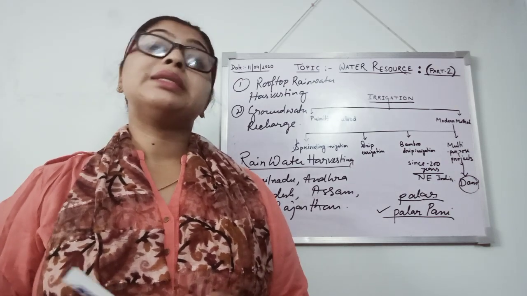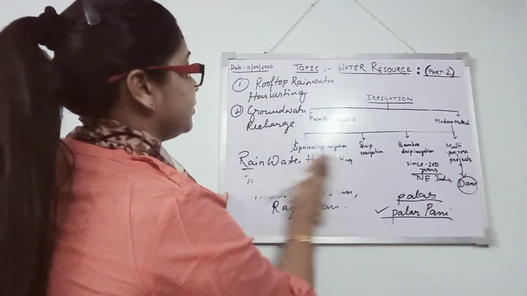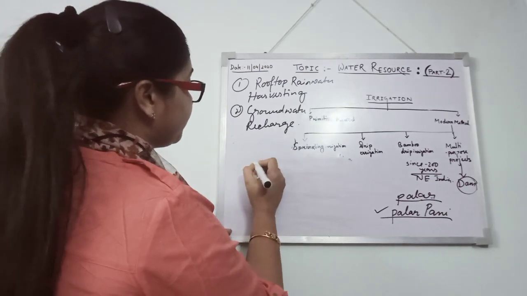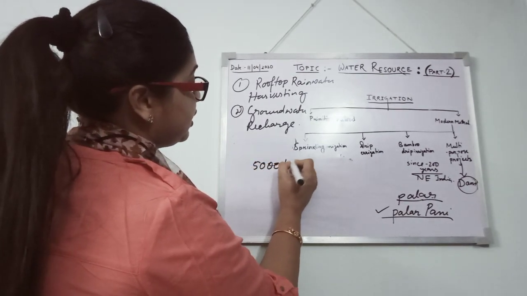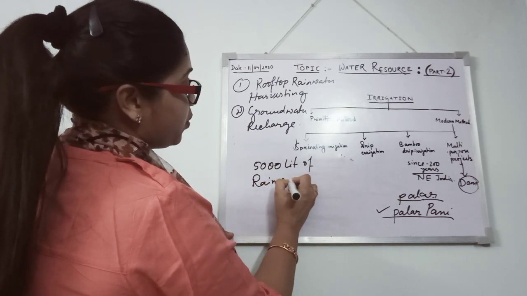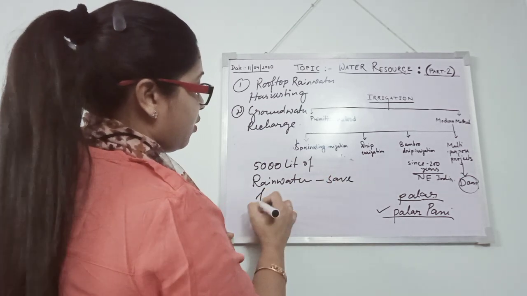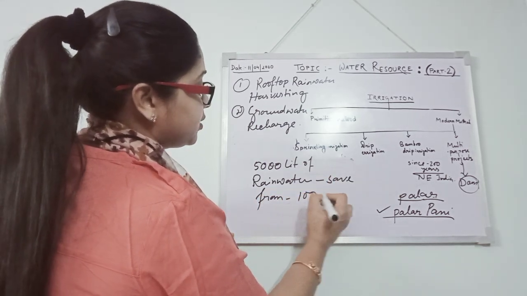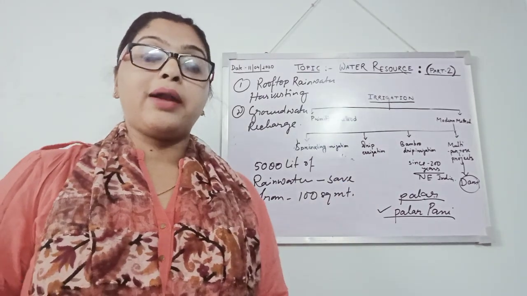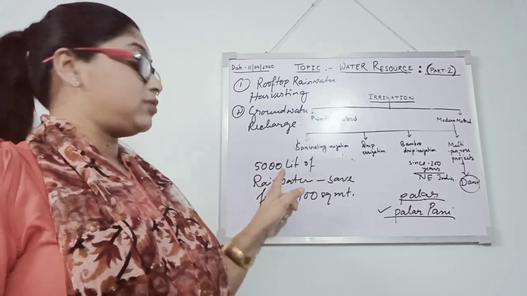So how much water can we save from a roof? Here, see: from 100 square meters of area, we can get 5,000 liters of water.